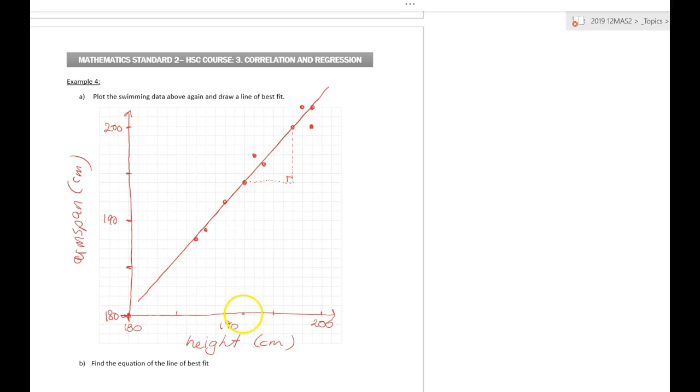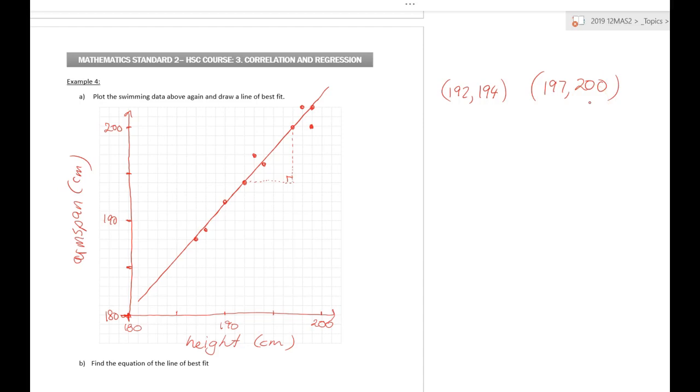So I have this one here, which is 192, 194, and my other one here would seem to be at 197, 200. Okay, those points seem to well represent this data.